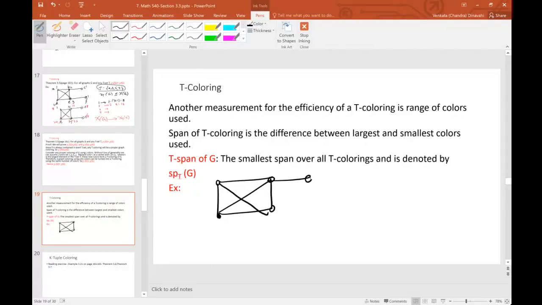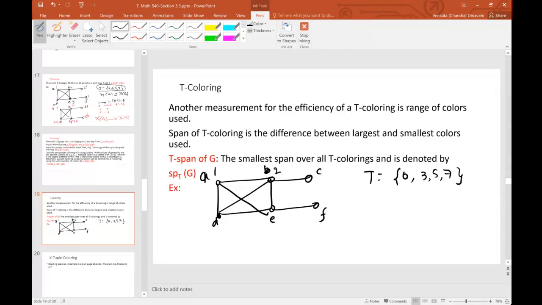So for example, if I take the same graph, these are the vertices A, B, C, D, E, F, and the T set is 0, 3, 5, 7.